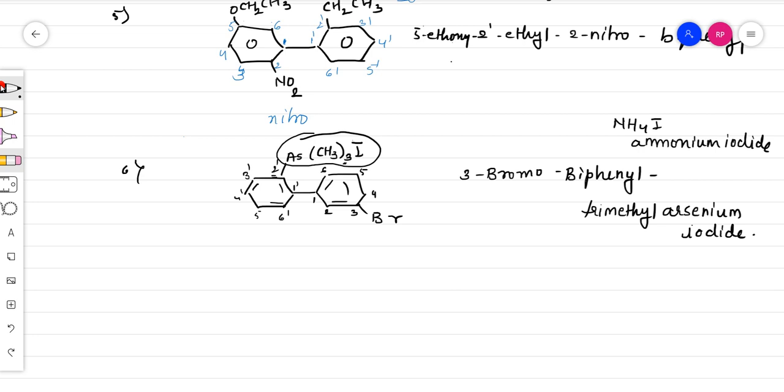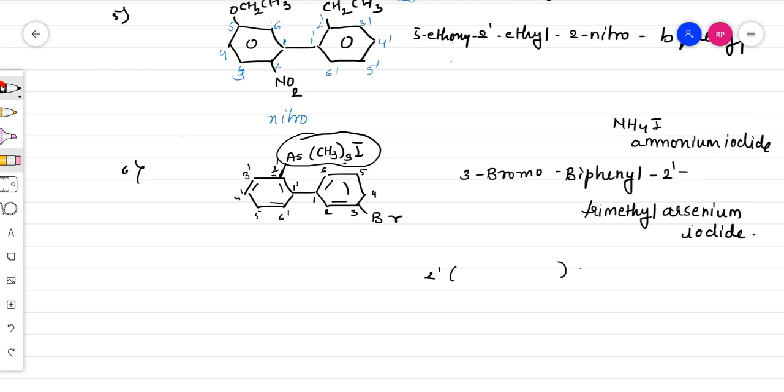So this is 3 bromo biphenyl 2 dash trimethyl arsenium biphenyl. Some you can also write it this way. This is just the position where the arsenium group is attached to the phenyl ring. This is how we can study the nomenclature of biphenyls.